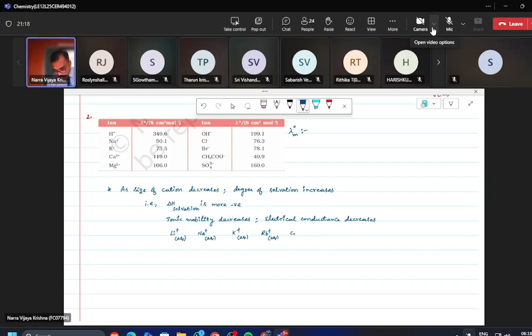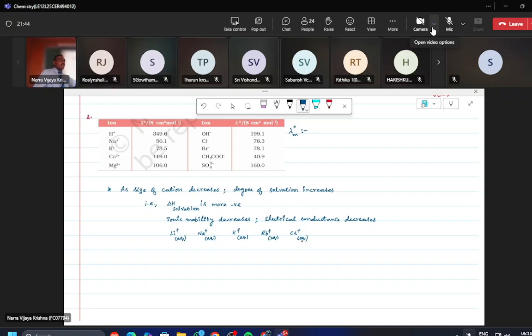Now tell me, among them, which ion has the larger size, including water molecules? Lithium is larger in size, with the first layer, second layer, third layer. If I don't consider the water molecules surrounding it, cesium will be larger in size; including water molecules, lithium will be larger in size.